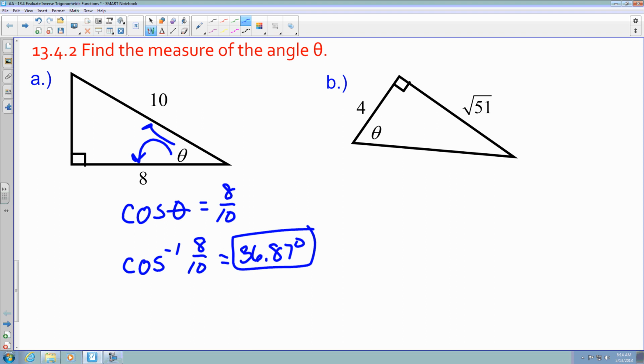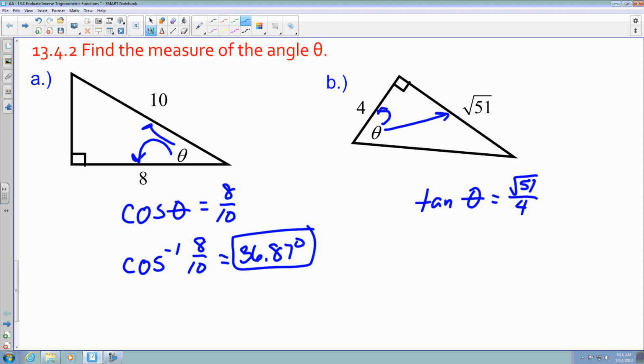Last thing here, we notice that this is opposite and that's adjacent, so opposite over adjacent is tangent. The tangent of theta equals the square root of 51 over 4.